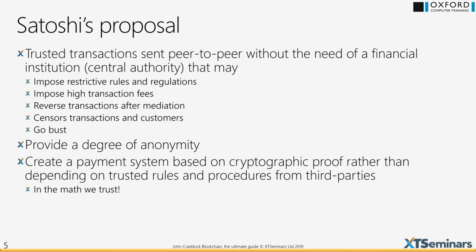So rather than having a bank that decides what goes into a transaction ledger and what checks and balances are made on any funds that are transferred, we just trust in the maths. We create a transaction which is mathematically provable and can be mathematically validated.